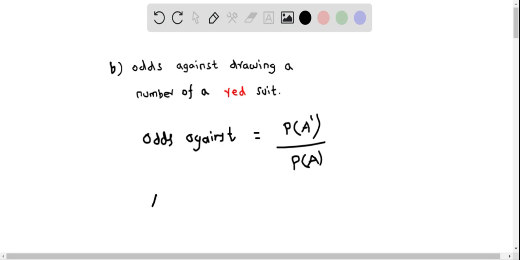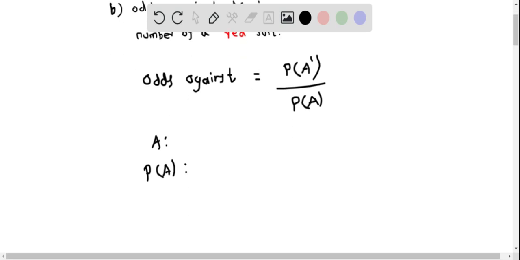So first, let's say that A is the event of drawing a number of a red suit, and therefore we write down P of A, the probability of drawing a number of a red suit. So first, let's determine the favorable outcomes. For the event A, the favorable outcomes is choosing the number cards of a red suit.